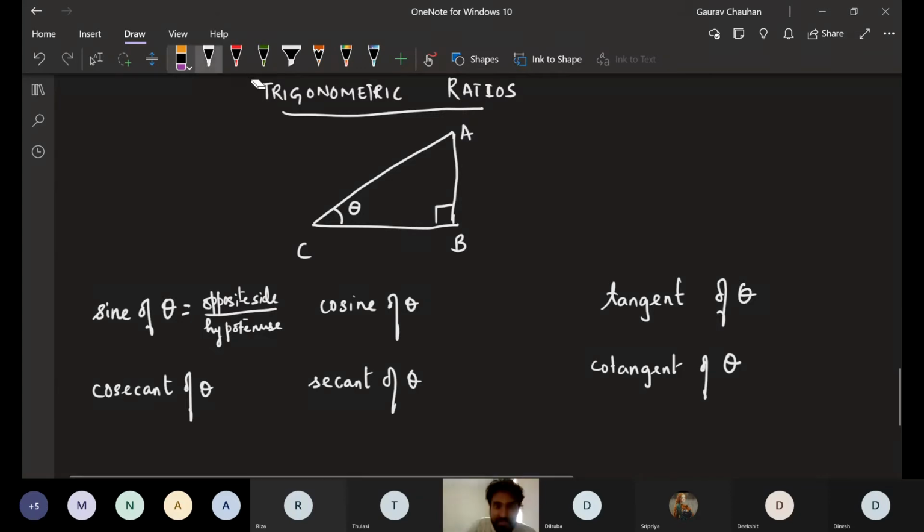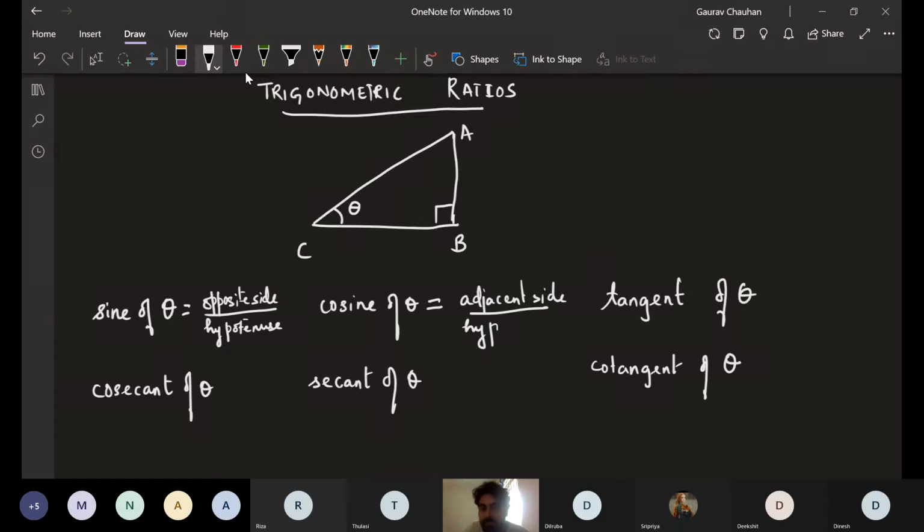The definition is: cosine of theta is adjacent side by hypotenuse. Tangent of theta is opposite side by adjacent side.